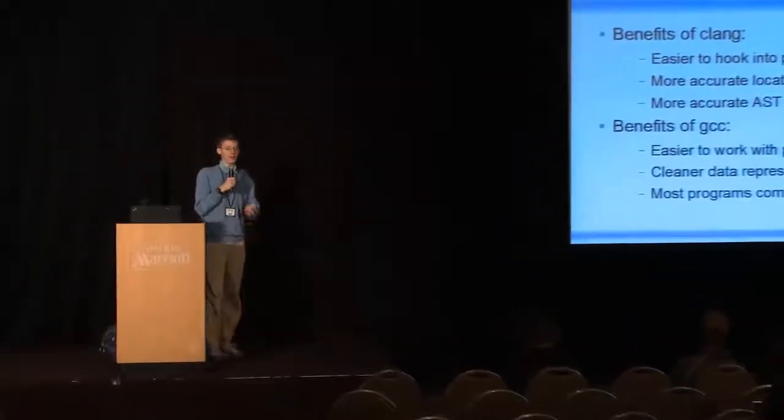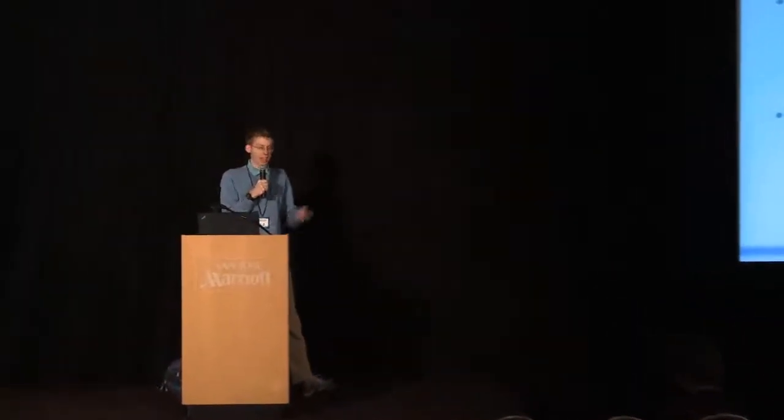With Clang, however, we can instrument the code and actually say, in between these three characters is the identifier that refers to the definition of this function. So I know exactly where to produce the link to this function name, and I also know exactly which function I'm looking at. Some other nice features of Clang: it's a lot cleaner to use for the preprocessor, as opposed to GCC, where it's a lot more hackish to hook into.